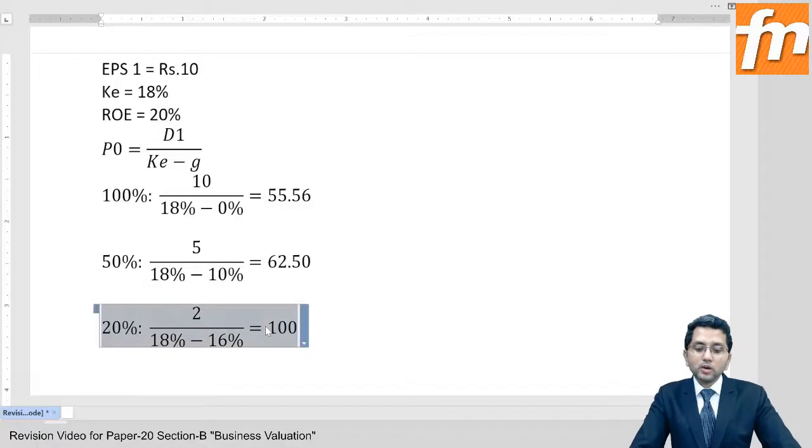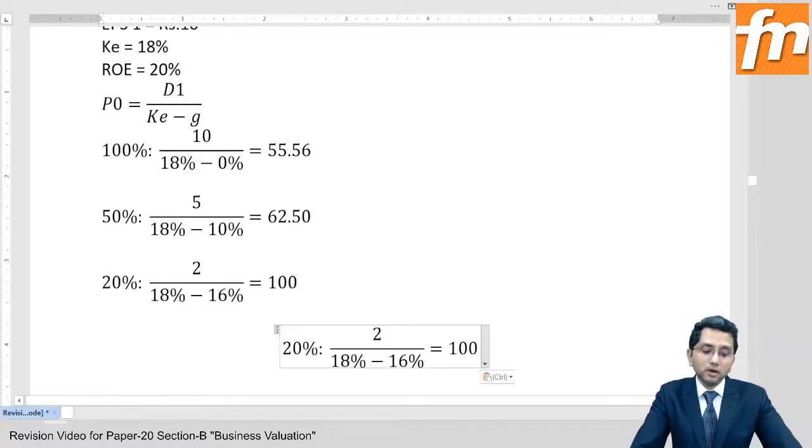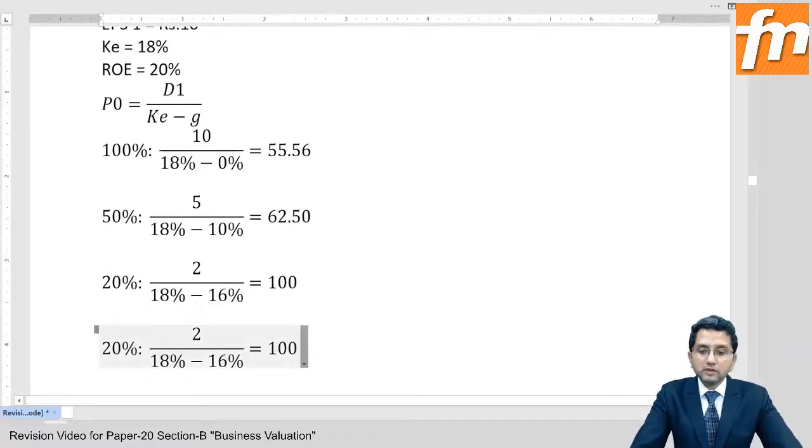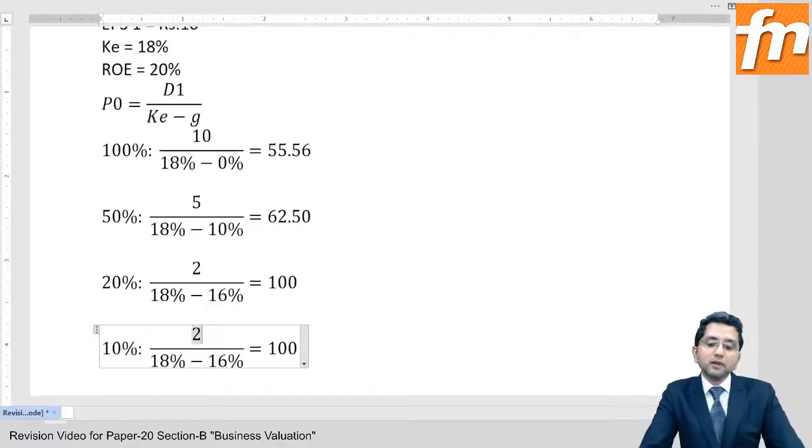Now you can say, okay, sir, just give 5% dividend or give 0% dividend. In those situations, formula will fail. So we need to take care of feasibility of formula also. Even if you say Meena that give 10% dividend, in that case also formula will fail.